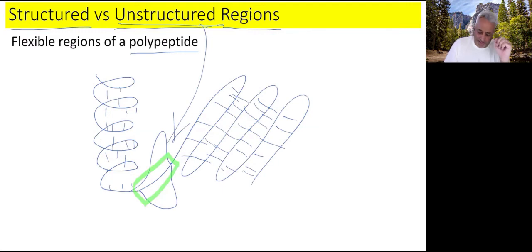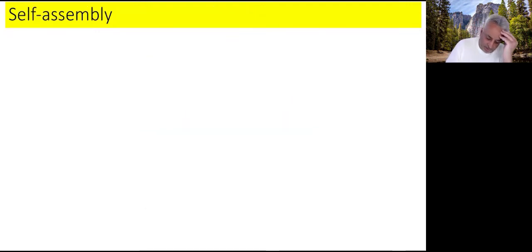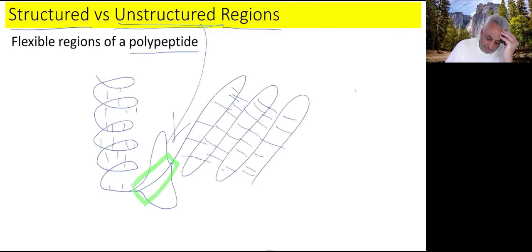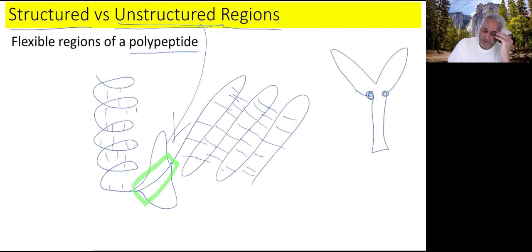You can imagine an antibody, and antibodies are normally represented like this, Y-shaped molecules, and they have unstructured regions where the arms of the Y originate. That gives the antibody the ability to form this structure, as well as structures like this.